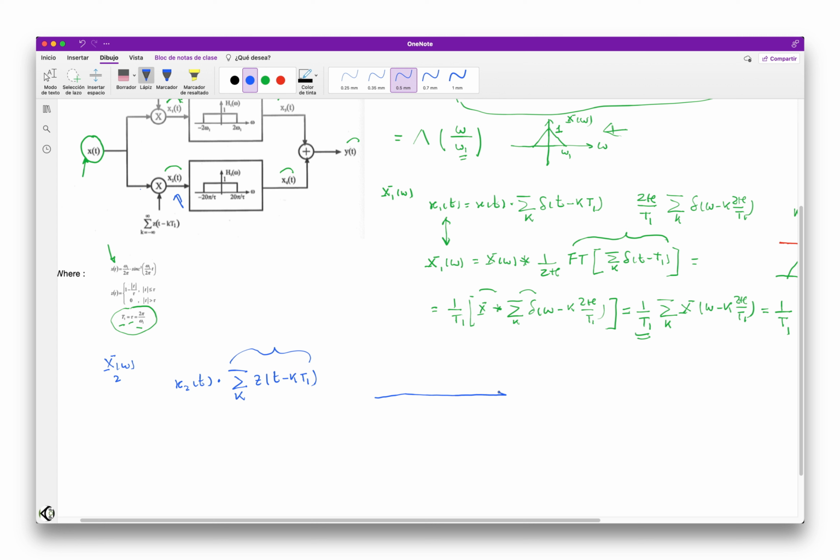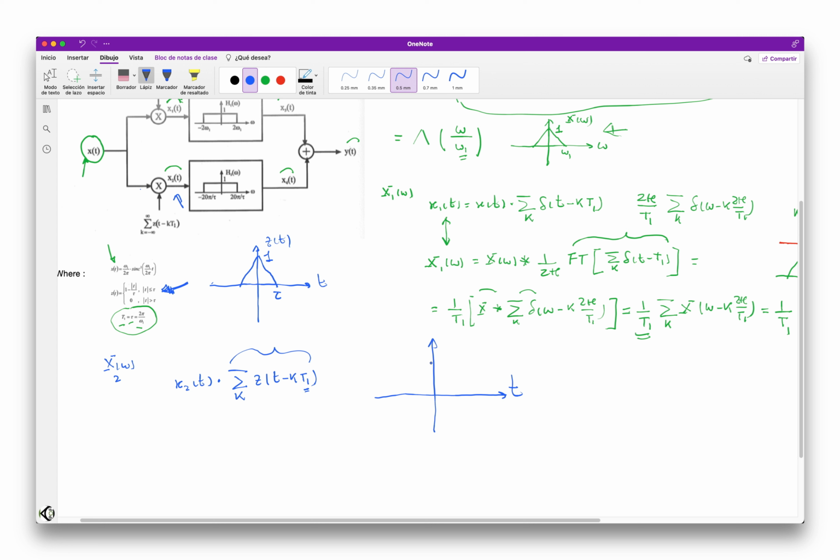We are now working in time. So set of t is shown over here. If you draw set of t, it's just a triangle, of half duration tau and amplitude 1. This is what is defined in this equation. So here they tell me you have a train of set functions separated T1 apart.